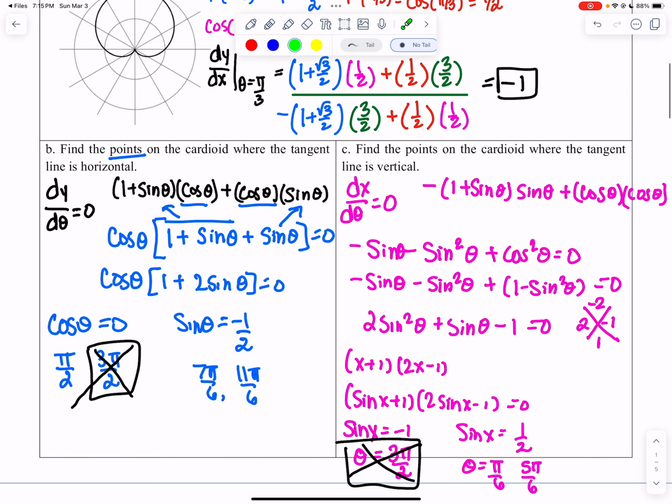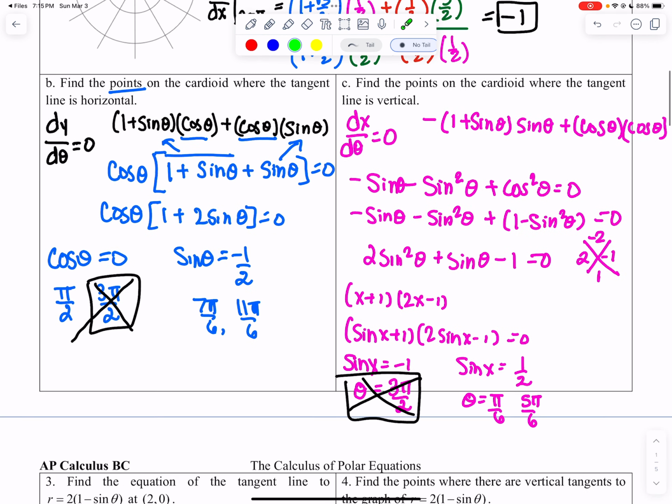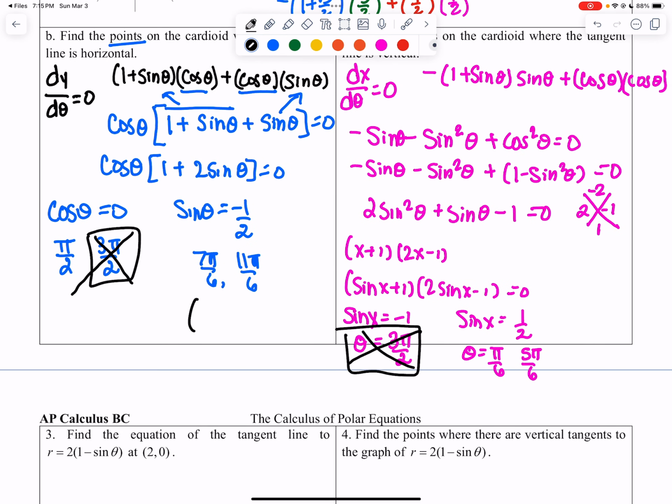So like here, because sine is negative a half, I'm just going to plug in negative a half here. That's going to give me 1/2. So then I'm going to get 1/2, 7 pi over 6 and 1/2, 11 pi over 6 for that one.